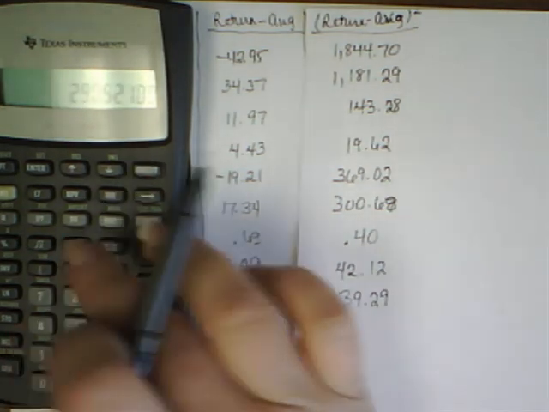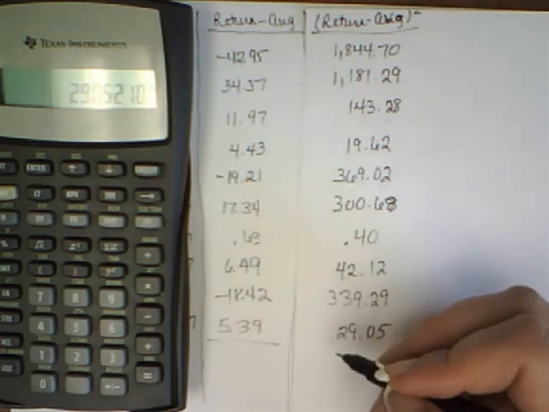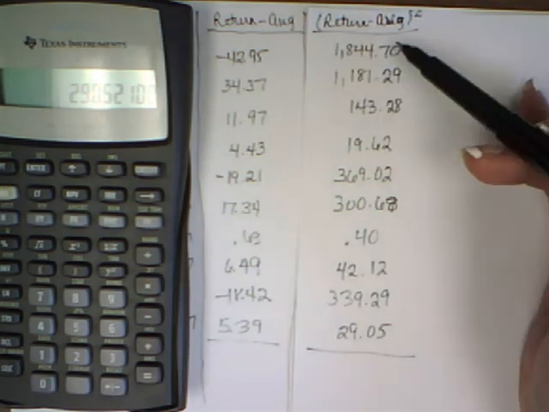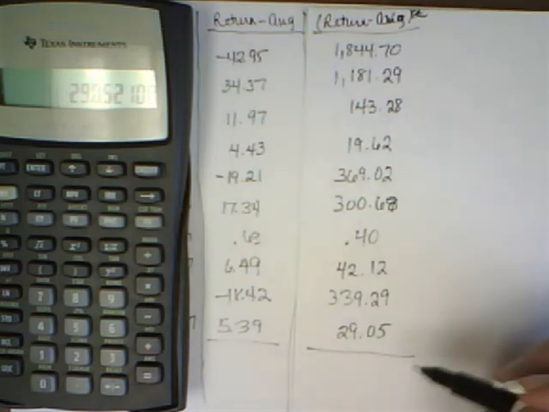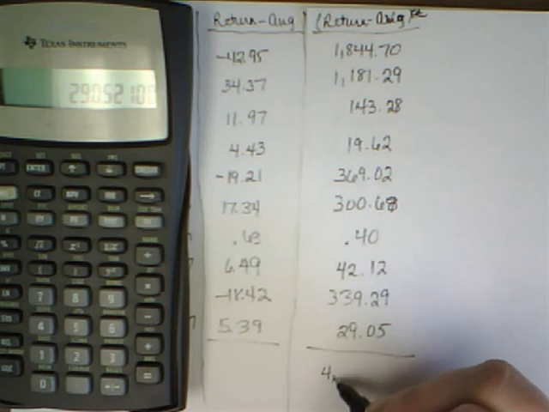And then 5.39 squared gives you 29.05. This gives us all our returns minus the averages squared so that we get rid of the negative numbers. Then we add all this together, and we end up with 4,269.46.